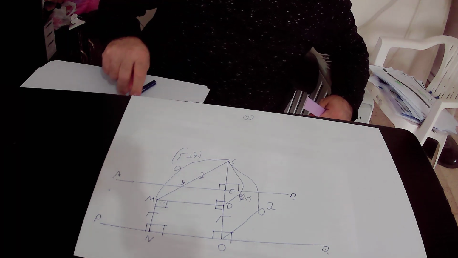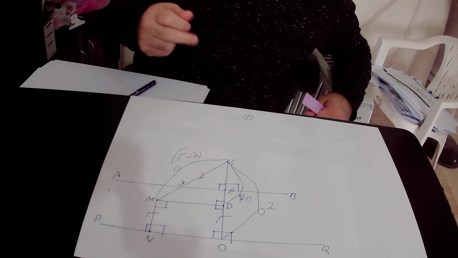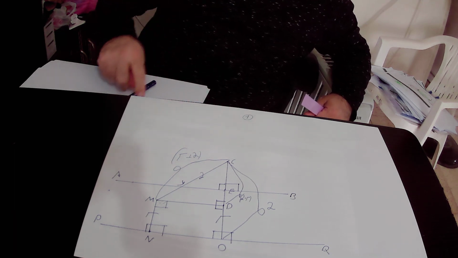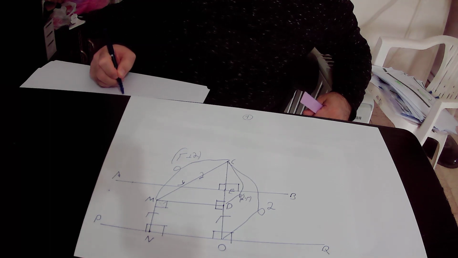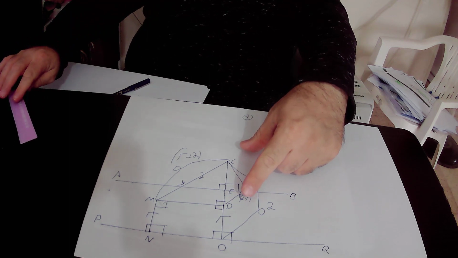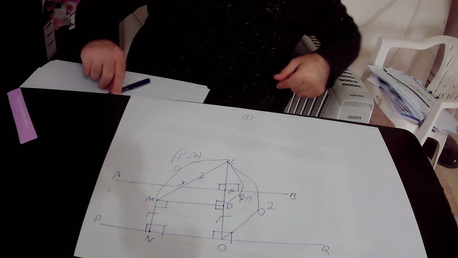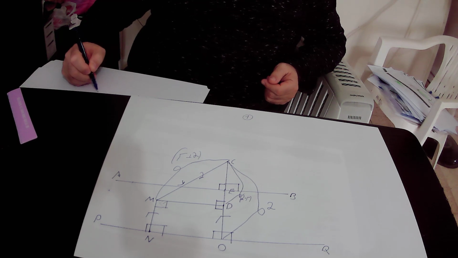The hypotenuse is CM, so CM squared equals the sum of the squares of the perpendiculars, CD squared plus MD squared.